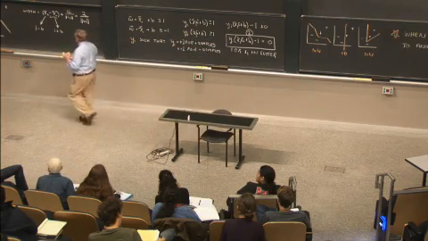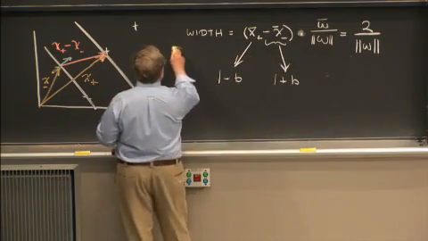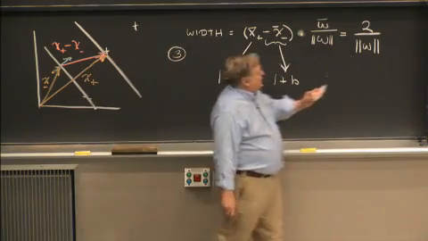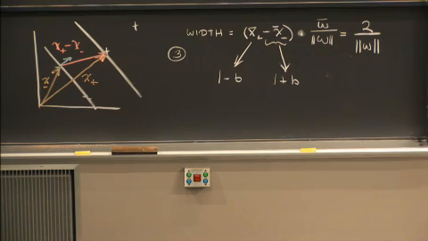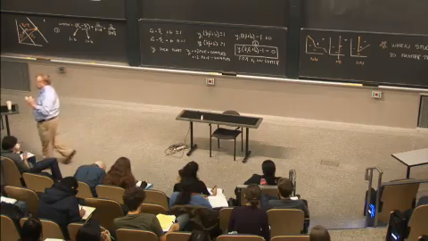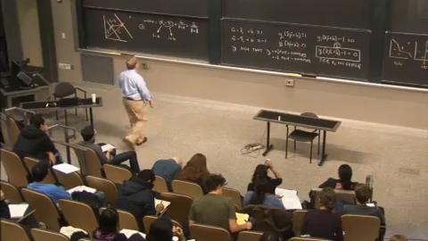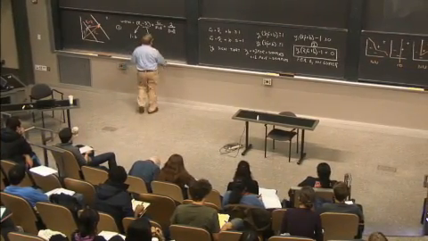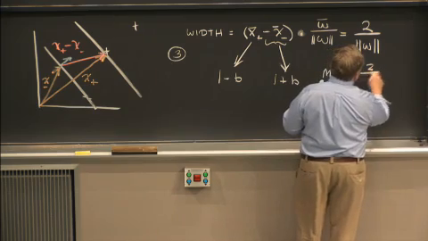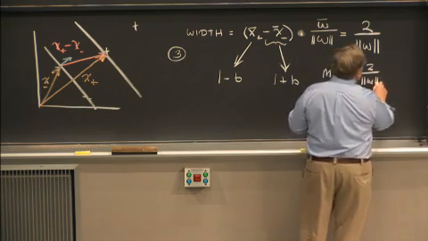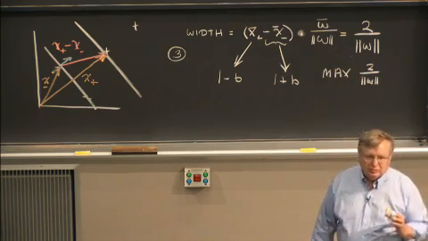So this quantity here, this is miracle number 3. This quantity here is the width of the street. And what we're trying to do is maximize that, right? So we want to maximize 2 over the magnitude of w if we're to get the widest street under the constraints that we've decided we're going to work with.